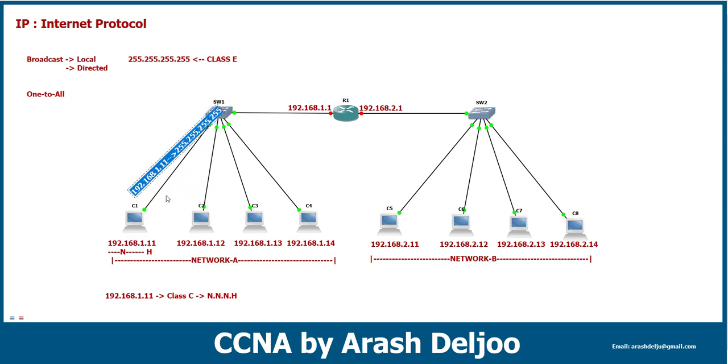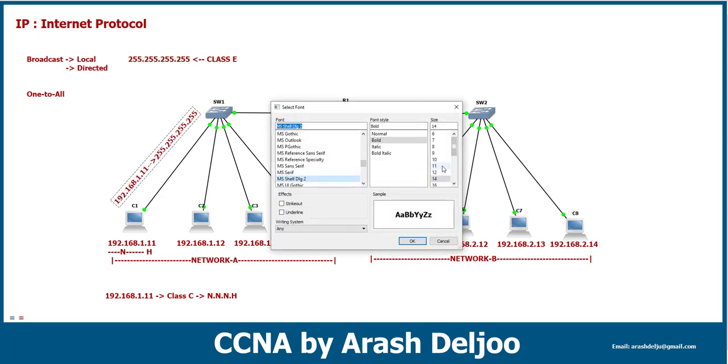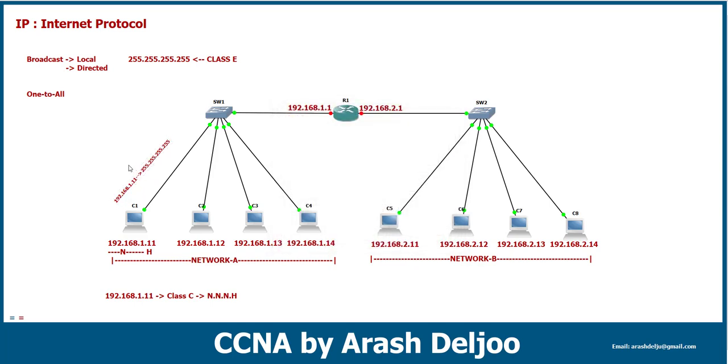This packet should be forwarded from C1, and because this packet is now being sent to the specific reserved IP address of the local broadcast, it should be received by other systems in this network.